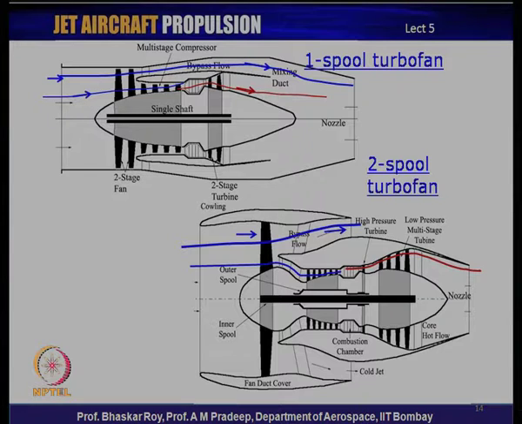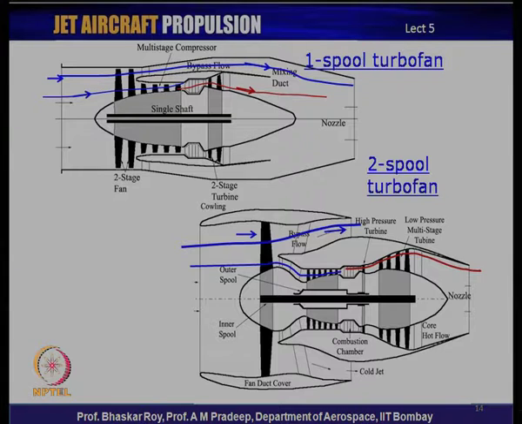When it is comparatively low bypass, of the order of 1 or 2 or not more than 3, one could possibly have this kind of a mixed flow, where it later on mixes with the hot flow, and a single mixed exhaust goes out producing thrust. The other version is often a 2 spool turbofan.